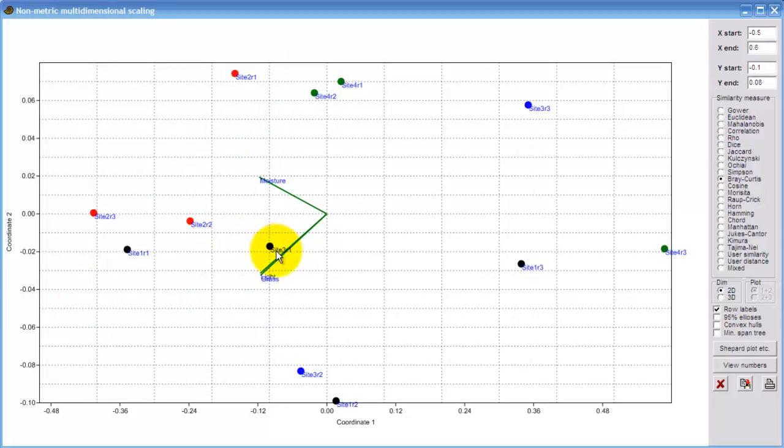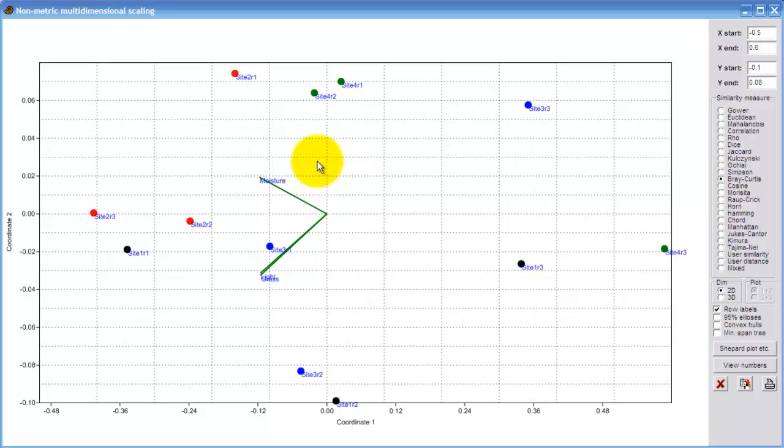But if I was able to, I would end up with a pattern that looked fairly similar to what we saw from the principal coordinates. It won't be exactly the same because these two methods, principal coordinates and NMDS, are looking at somewhat different sets of data. One is looking at ranks, one is looking at the actual distances.